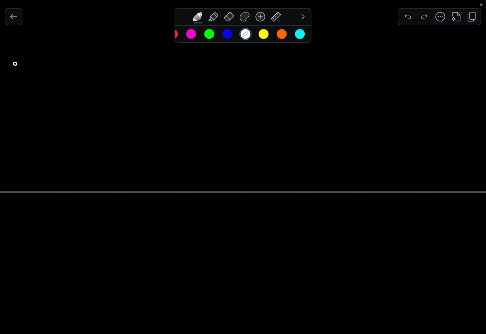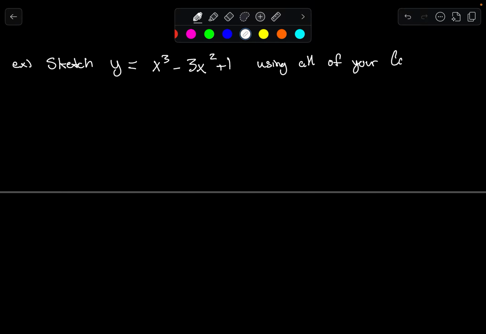Let's just say what you'd see in the homework. Sketch y equals x cubed minus 3x squared plus 1 using all of your calculus and math tools.